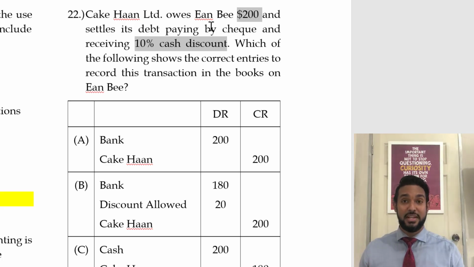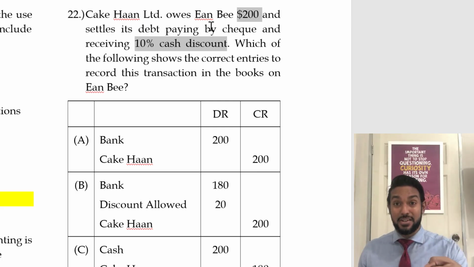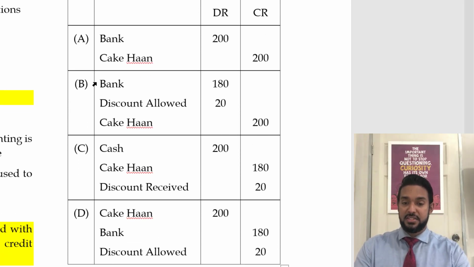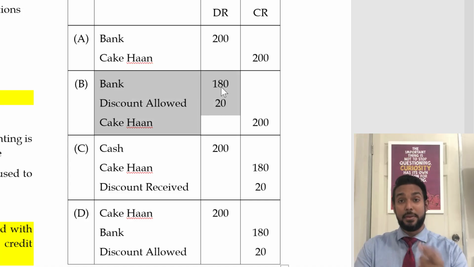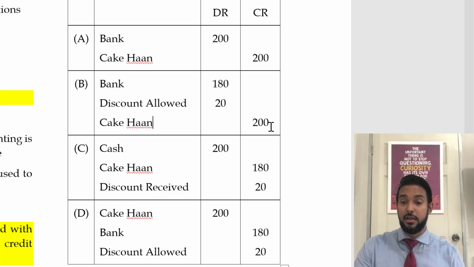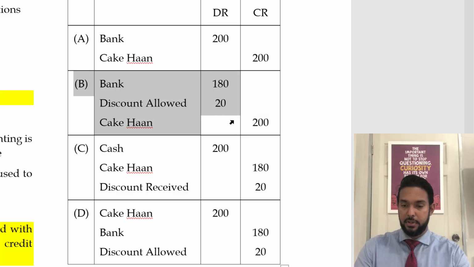So we are actually getting $180 from K Khan. A and B is getting $180 from K Khan, so that's going into A and B's bank. So you're going to debit bank for 180, debit discount allowed for 20, and credit K Khan for the full 200. And the sum of the debit entries matches the sum of the credit entries. All right. So option B is the correct option here.